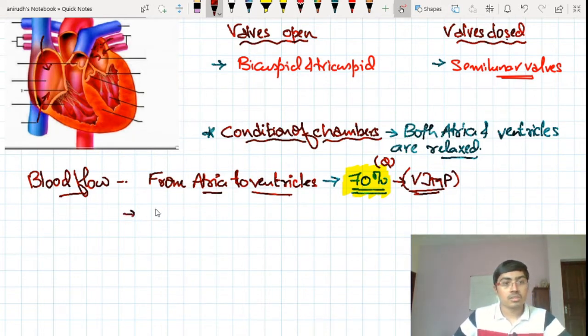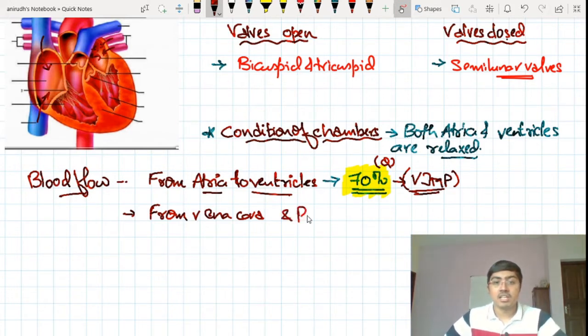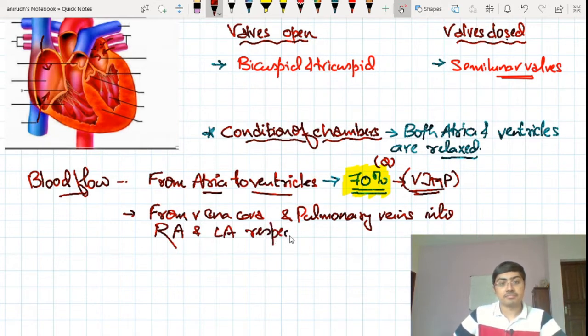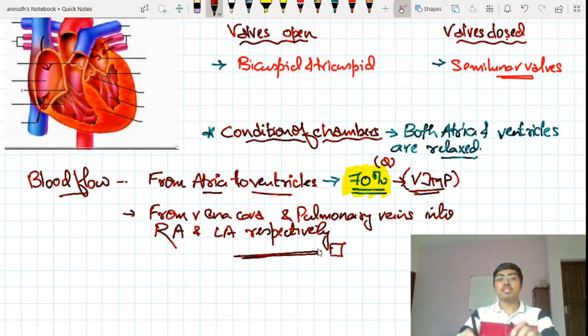So blood flows from the vena cava, both superior and inferior, and on the left side we have the pulmonary veins, into the right atrium and left atrium respectively. This is what is happening during the time of joint diastole.